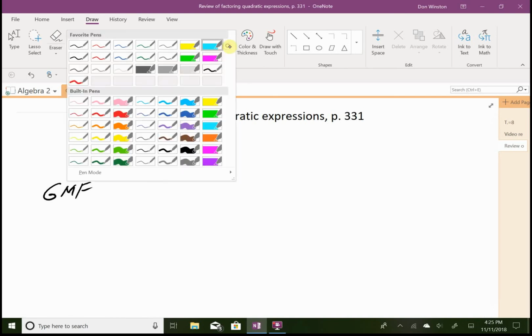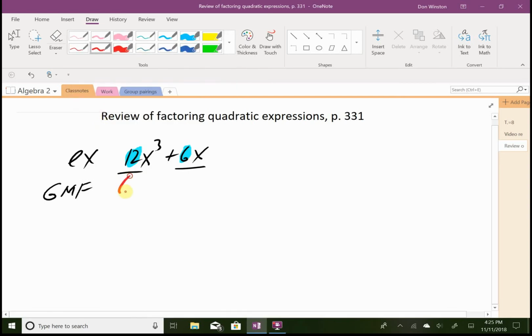Well, that is 6. And then I look at my powers. What's the largest power that divides evenly into x cubed and x? Again, if you recall, it's always the power with the smallest exponent. And there, it is x. So there's my GMF, 6x.